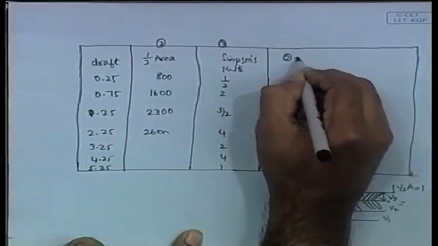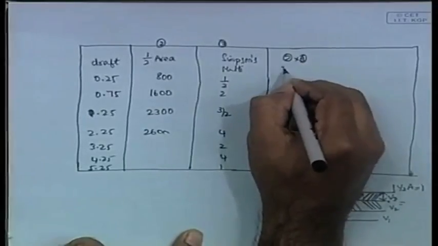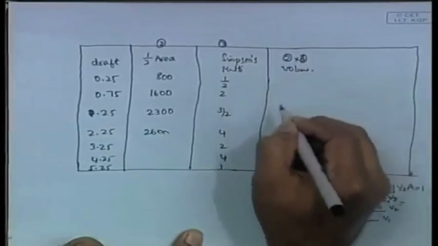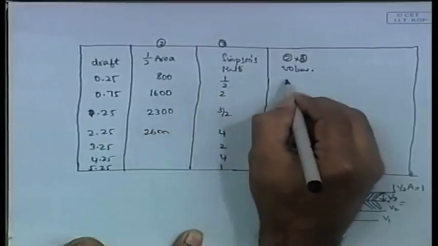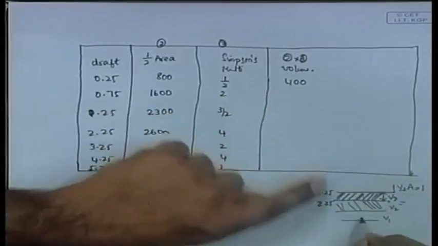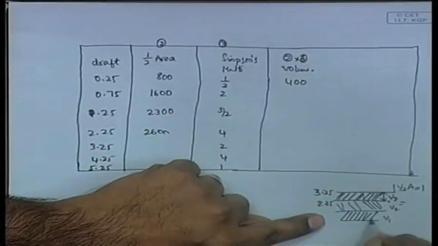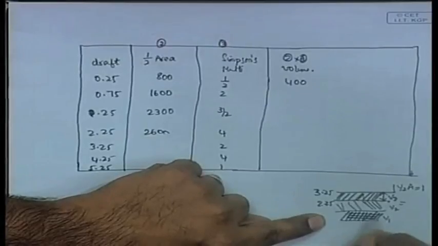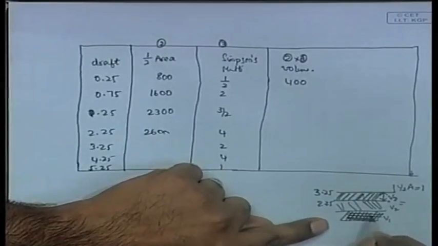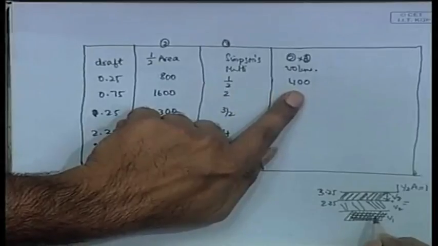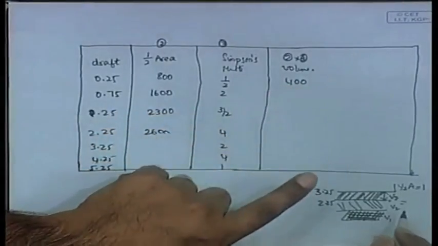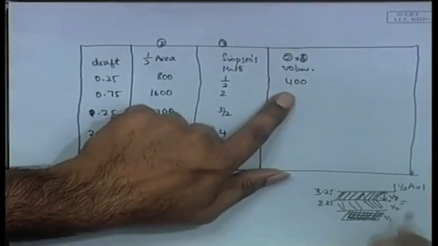So 2 into 3 is giving you a volume. The volume is 800 into half, this will be 400. This 400 is the first volume. It's not 400, actually, it has to be multiplied by h by 3, but it's the function of volume.